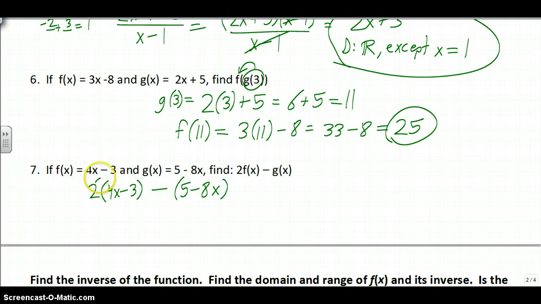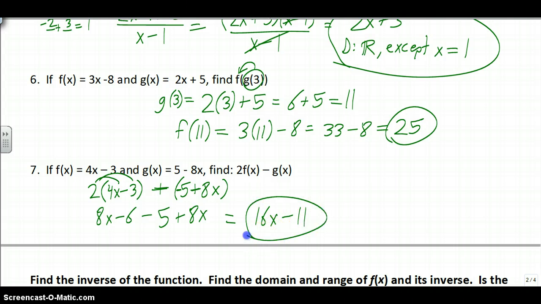Okay. I'm going to distribute. This becomes 8x minus 6. This part, you can just go ahead and add the opposite, right? So it'll be minus 5 plus 8x. And then you just combine your like terms. 16x minus 11. Okay. Not so bad so far.